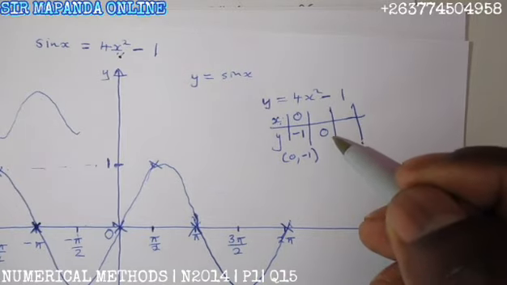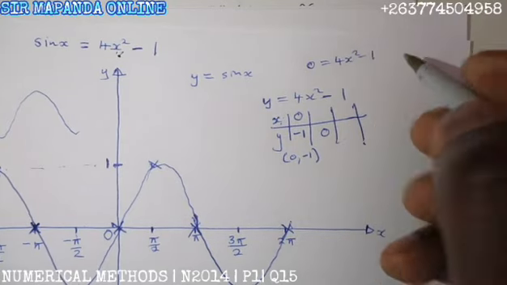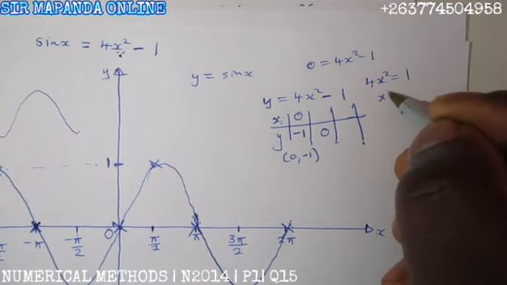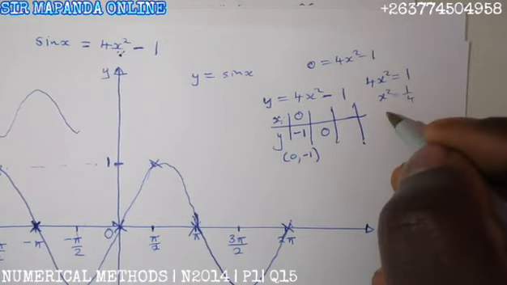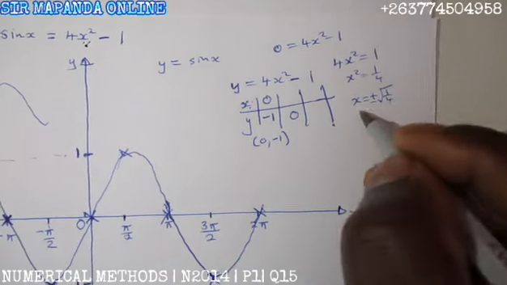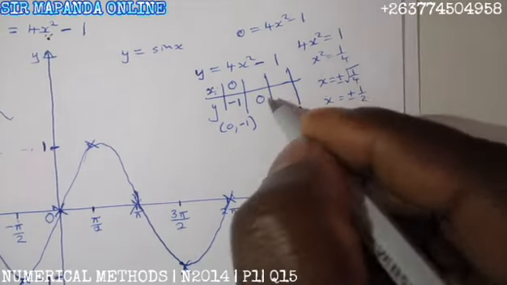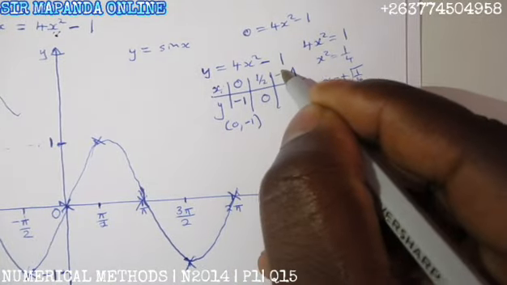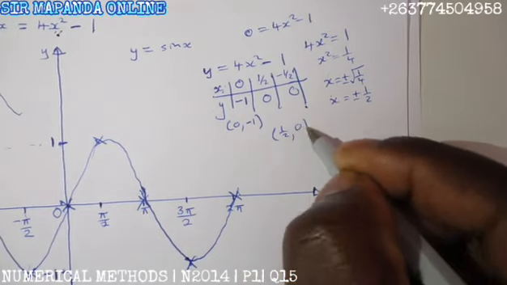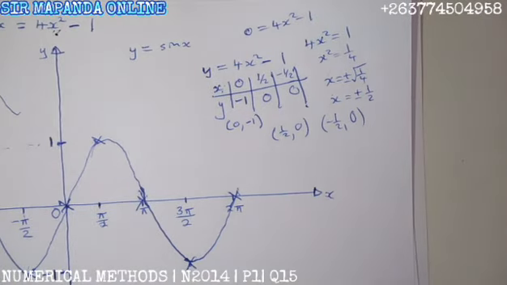Then to find x when y is 0, you get 0 = 4x² - 1, which is 4x² = 1. x² = 1/4. Then x = ±√(1/4). It means x = ±1/2. So when y is 0, x is a half or minus a half. So we have other points, (1/2, 0) and (-1/2, 0). I hope you are following.